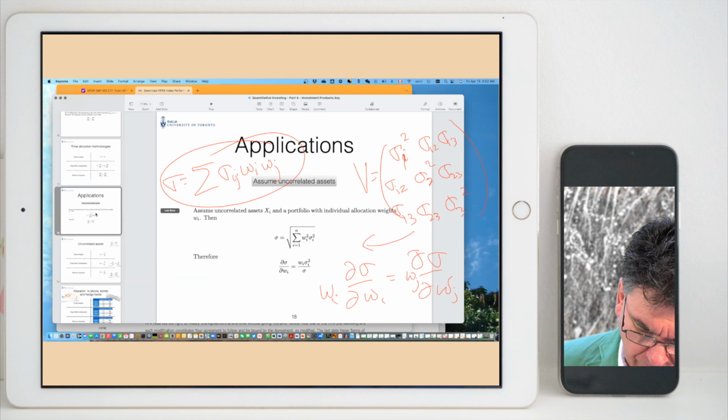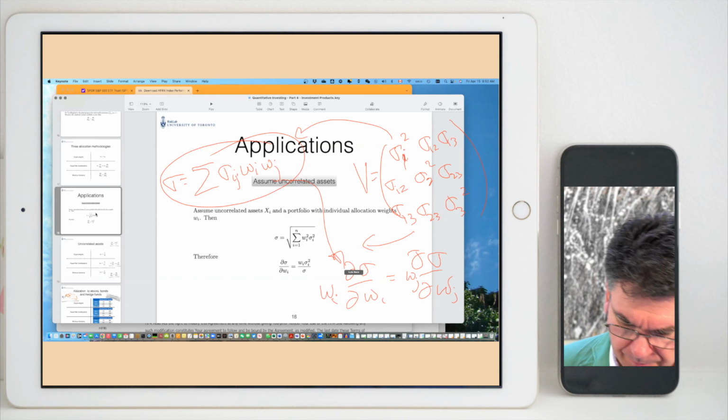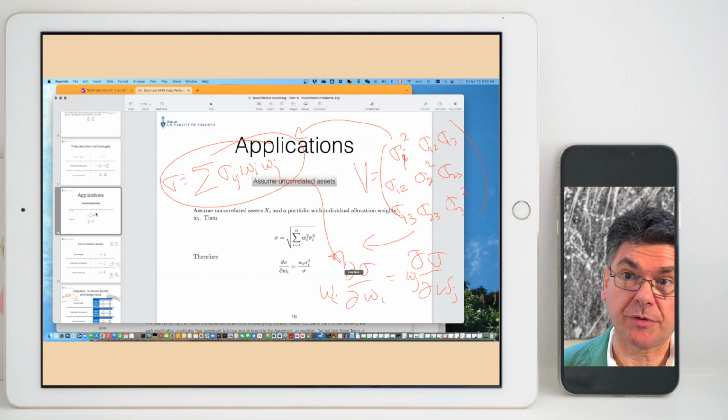So you have to go from here to here and from here to here, and then solve these systems of equations. Okay.